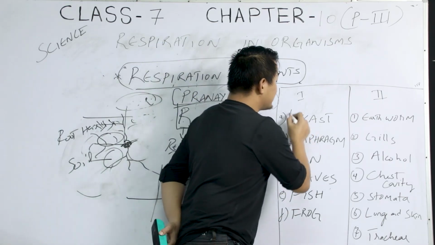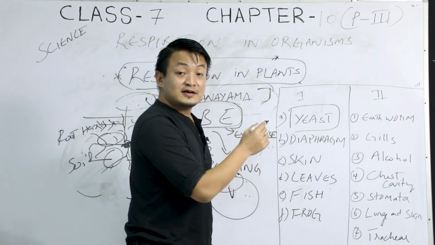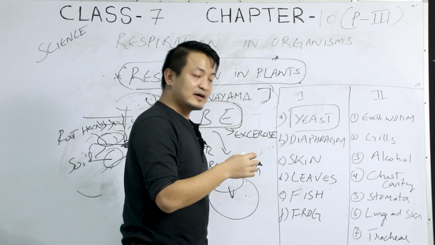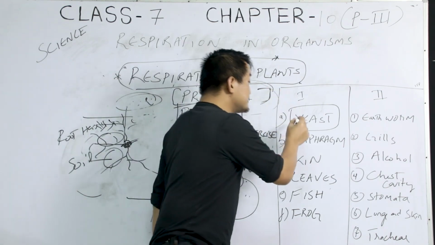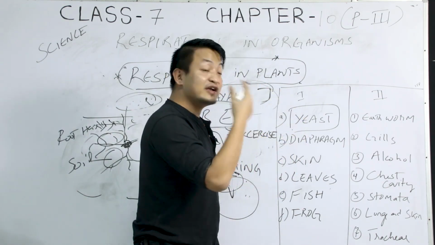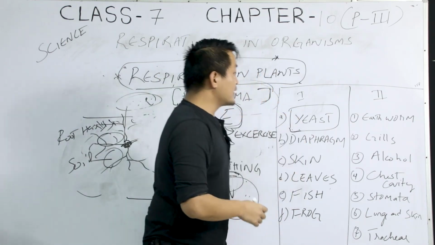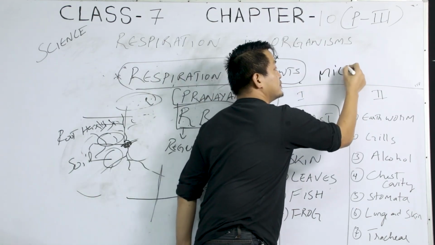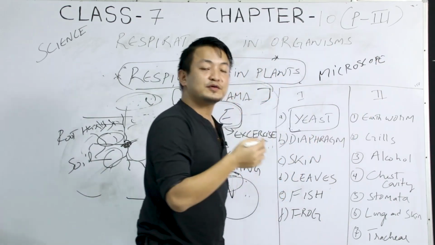Now, we have already discussed yeast. What is yeast? Yeast is a microscopic organism. I'm repeating again, it is a microscopic organism, which you cannot see with your naked eye. If you want to see it, we have to use the microscope. That's why it is known as a microscopic organism.